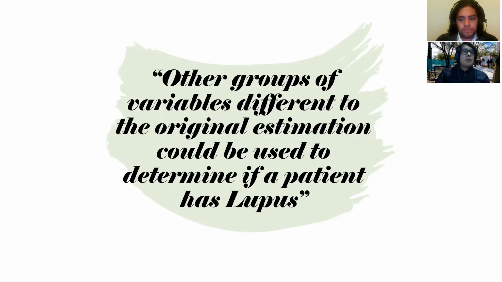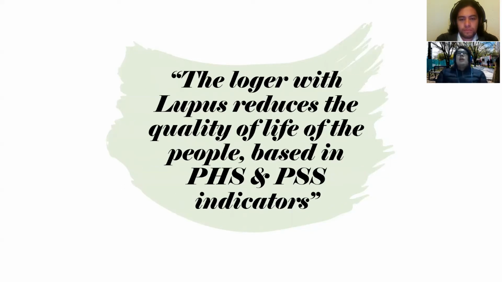The longer with lupus reduces the quality of life of people based on PHS and PSS indicators. PHS and PSS indicators are part of the quality measurements in the brown group of variables in the datasheet.